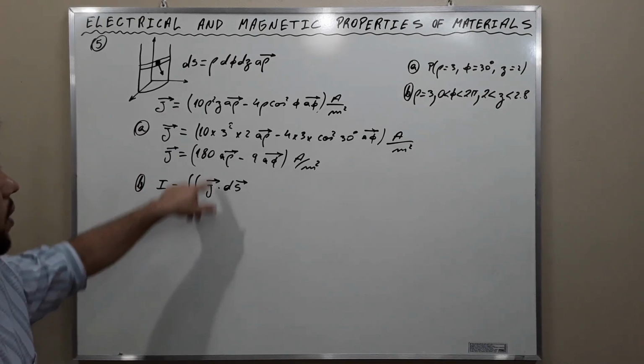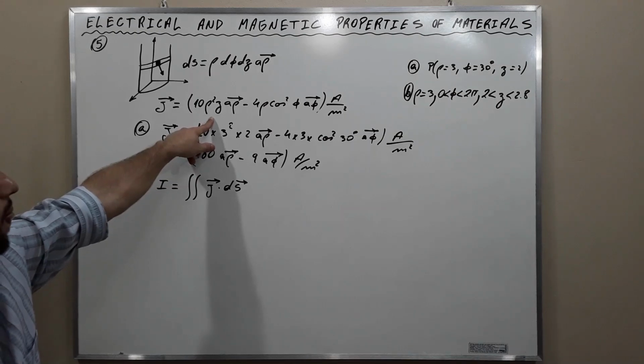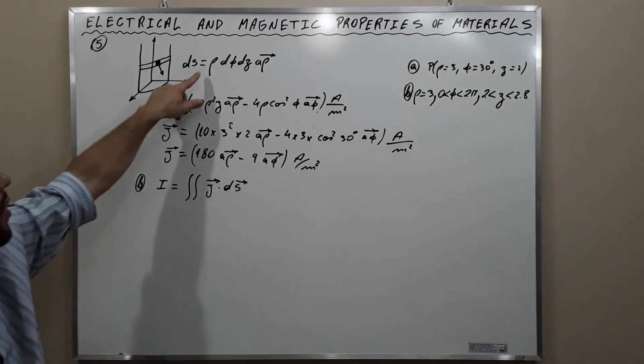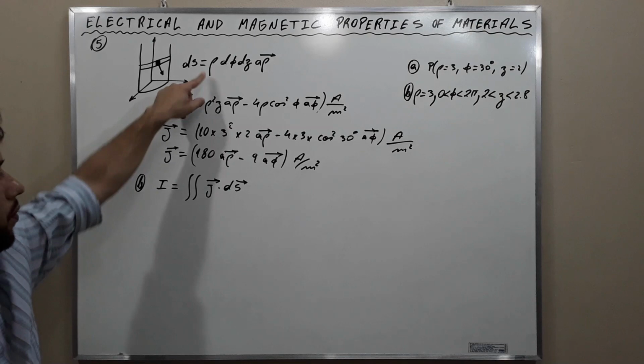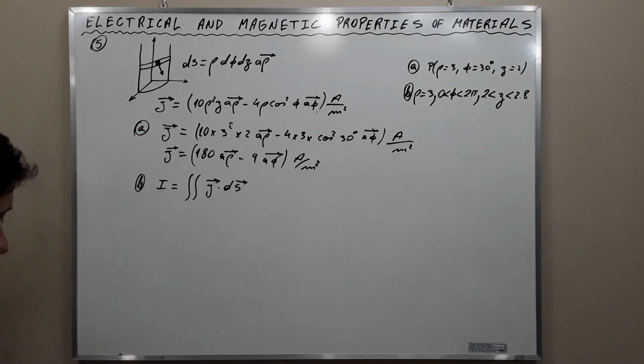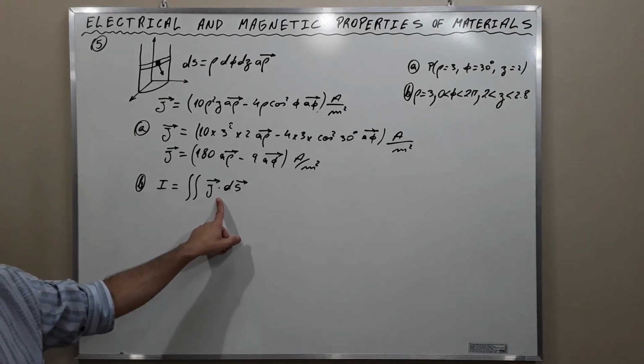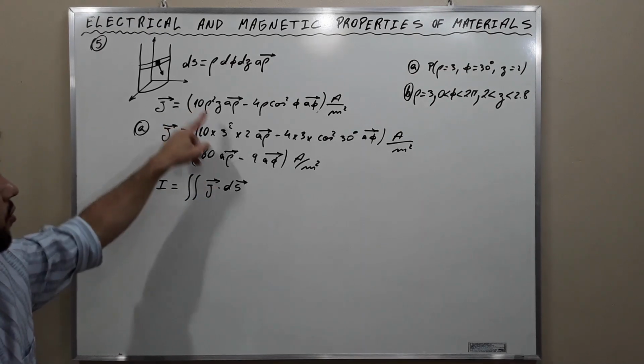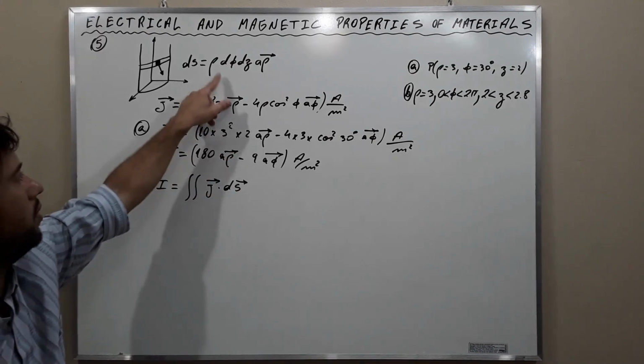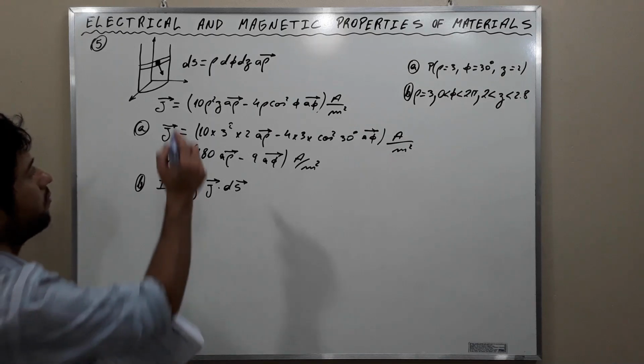J is this, ds is this. We are going to take the dot product of these two vectors. In reality, this is a vector as well.